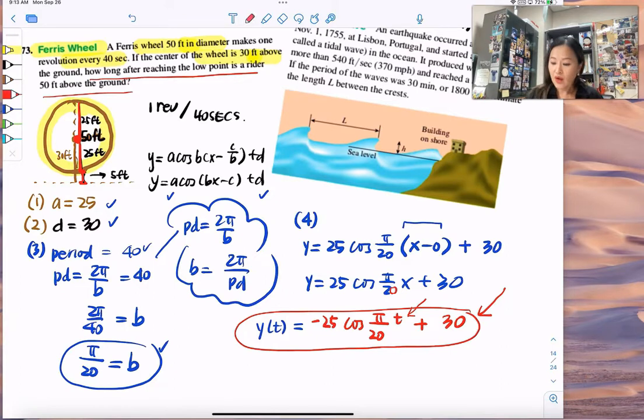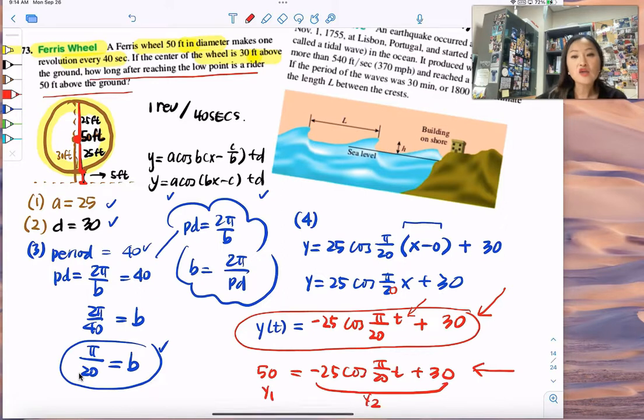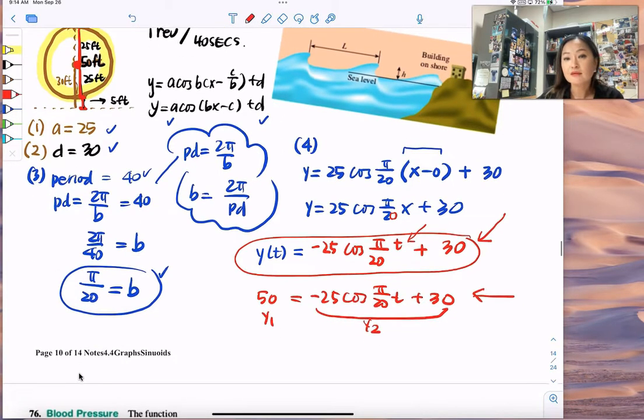So how we would solve that is by doing 50 is equal to negative 25 cos pi over 20t plus 30. Now, you would do this by a calculator. You'd have to graph this on your calculator first, graph this as y1, this as y2, and see where they intersect.